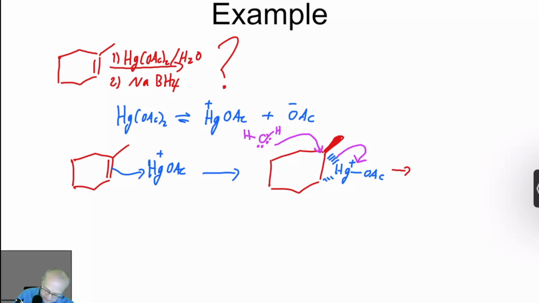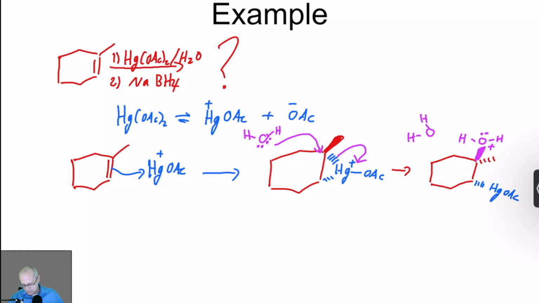And that will give us this protonated alcohol, and that mercury compound. And this will be positive. So now, of course, more water will come in to deprotonate the protonated alcohol.